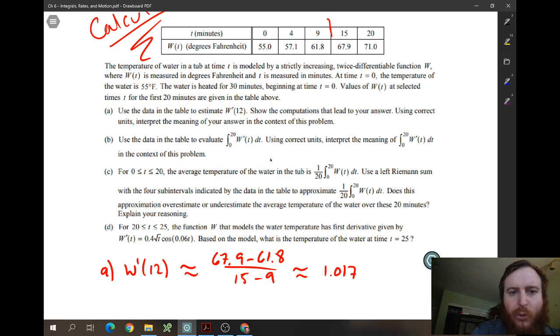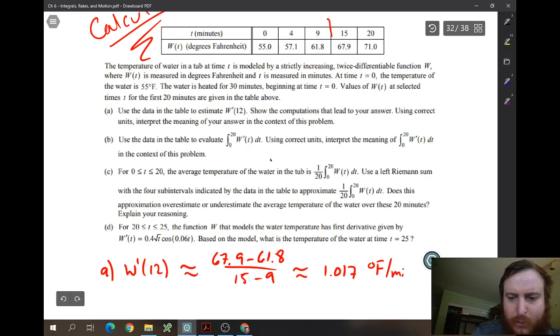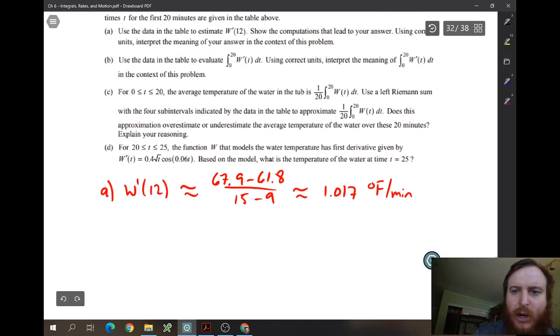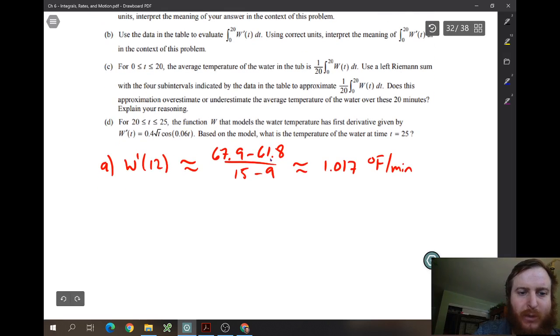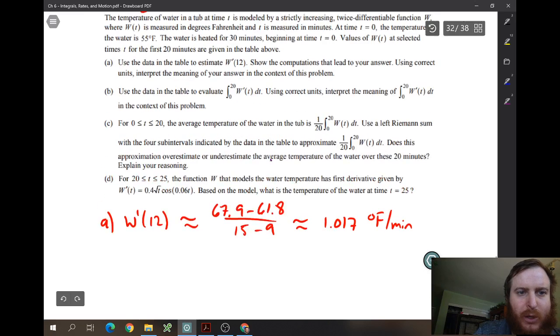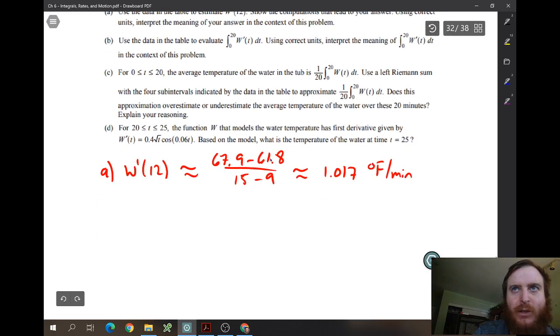Okay, and then we need units. So this would be degrees Fahrenheit per minute. We're going to take the units that we had and add on a per time. Then it says, using correct units, interpret the meaning. W was representing the temperature of water in the tub.